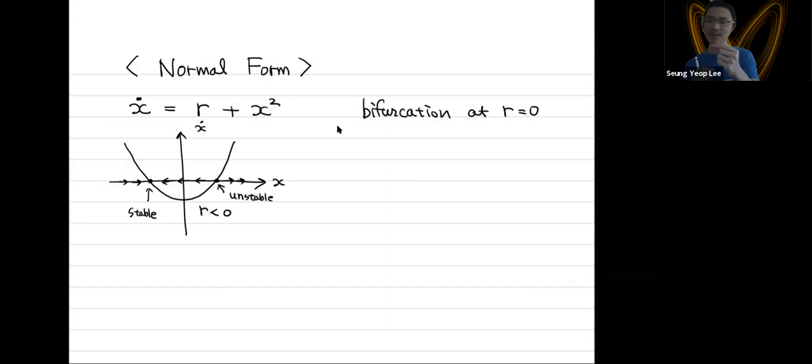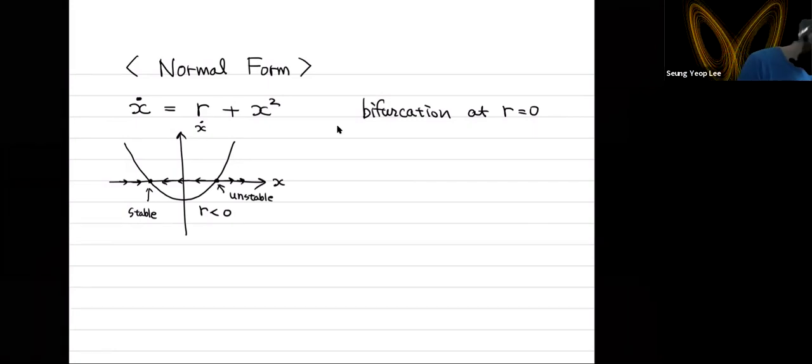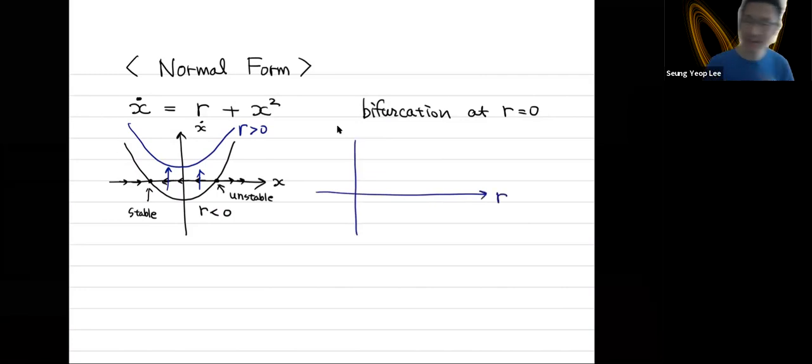And as r is increasing, getting closer to 0, what happens? These two fixed points get closer. When r equals 0, they merge. And when r is positive, this graph goes up, and the fixed points disappear. So in the bifurcation diagram, the x-axis becomes the parameter, while the y-axis is the space where the dynamics occurs.